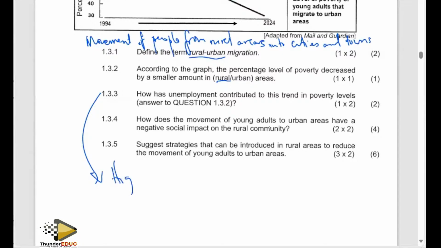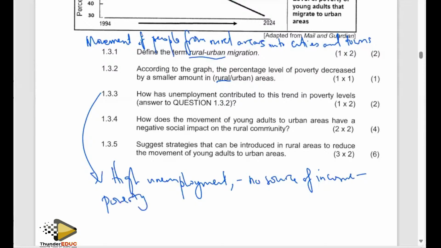With high unemployment in the rural areas there, the consequence of unemployment in rural areas is that there's no source of income. And without a source of income, therefore there's poverty. Or we can say with unemployment, you don't have income. And without income, you can't afford the basics.